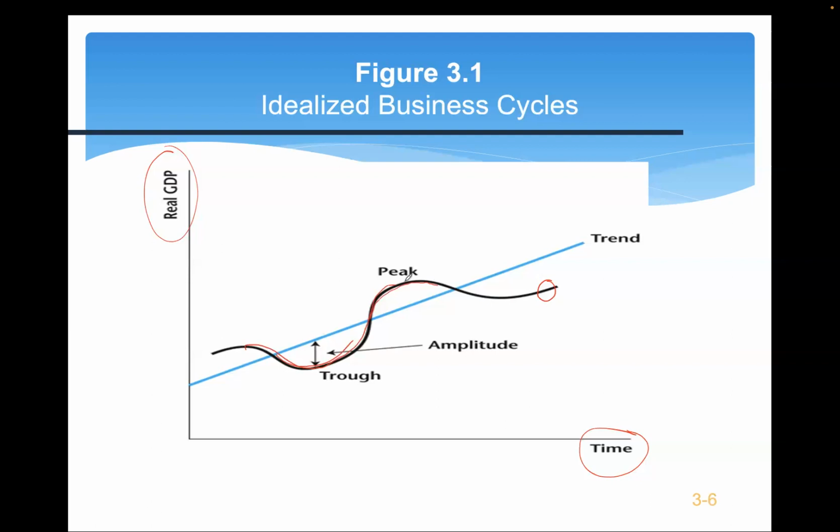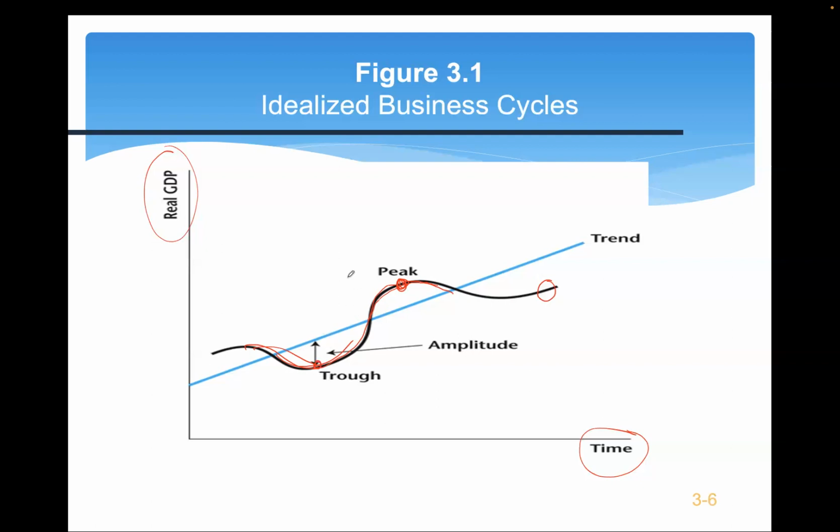Now regarding expansion, at some point you reach the peak, and then you enter the new phase and start a recession. And regarding recession, you reach the bottom, the trough, and then you start to recover.